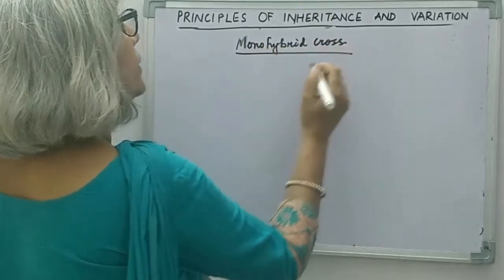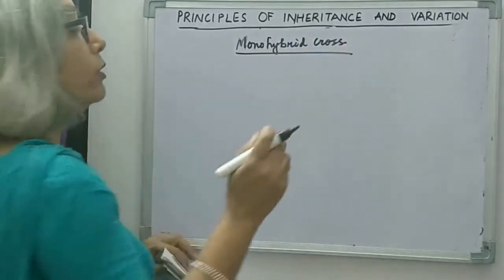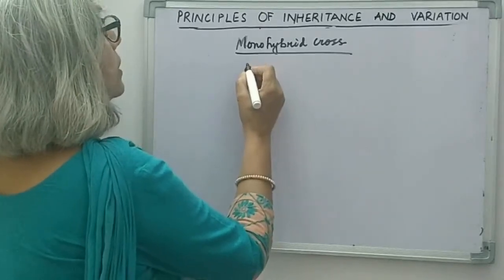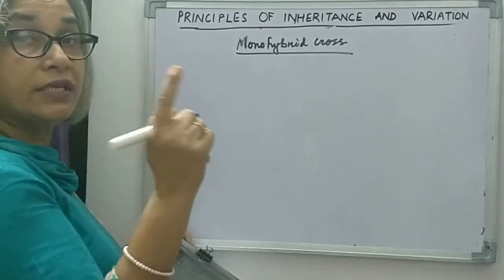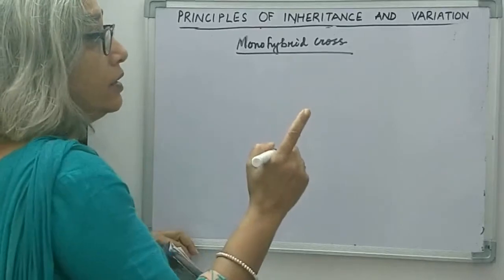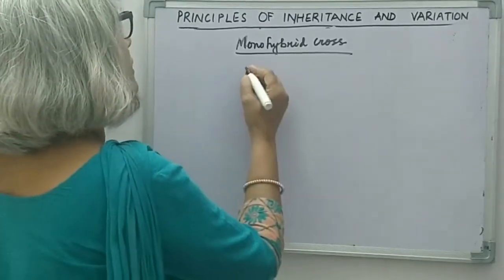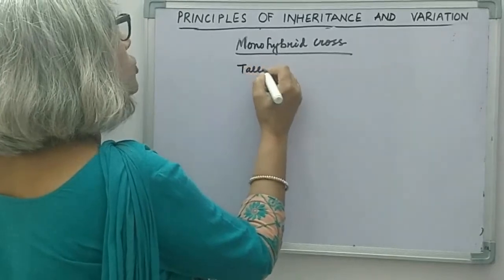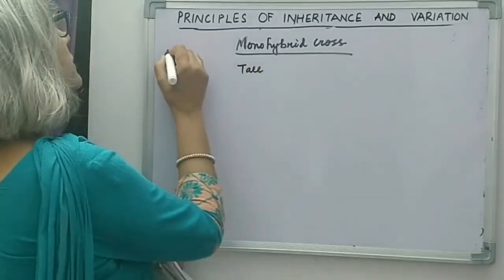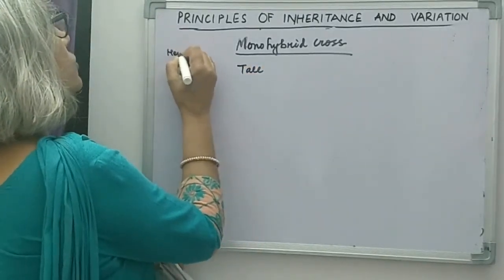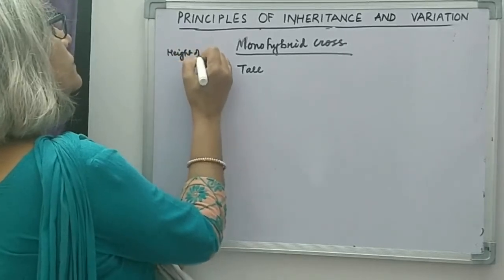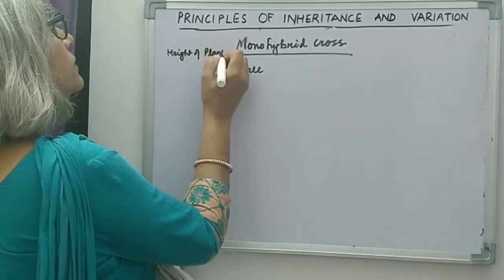Here we are going to take 2 pure plants and we are taking into consideration one character or 2 different forms of one character. The character here is the height of plant.